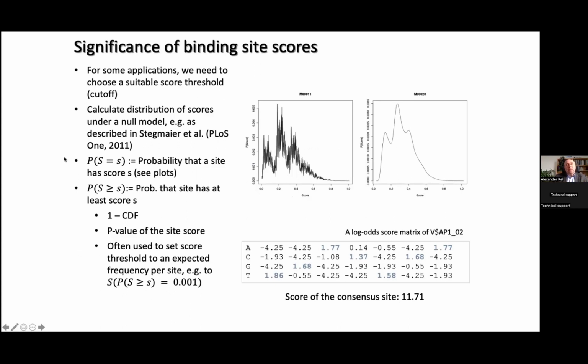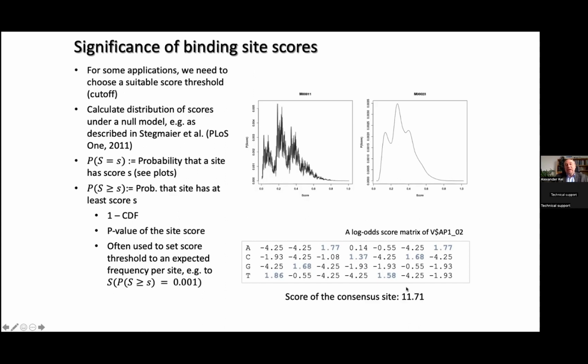In PLOS 1, we generated a lot of random sequences and estimated the probability that a given score can be observed by random chance. So we calculated a p-value, this famous p-value.